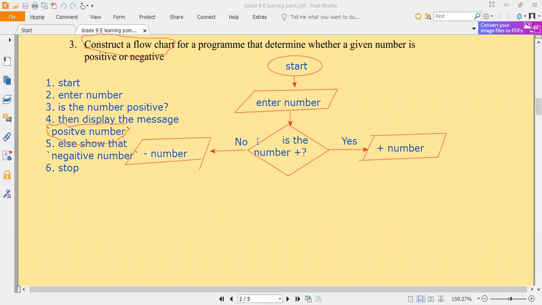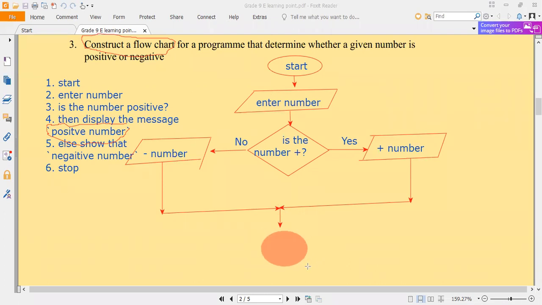Now whether the number is positive or negative, the truth of the matter is that at the end of the day, we need to stop this program. So we need to stop.